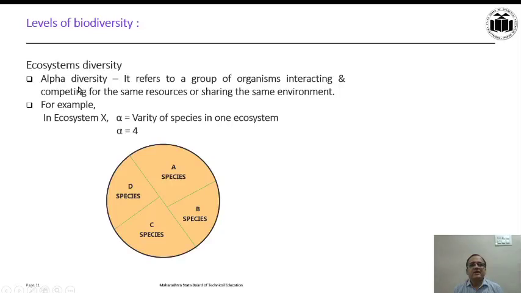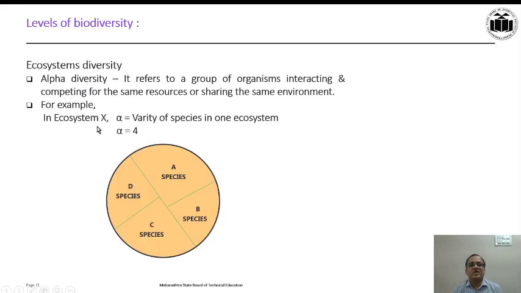Now ecosystem diversity can be again classified as alpha diversity, beta diversity, and gamma diversity. Now alpha diversity refers to a group of organisms interacting and competing for the same resources or sharing the same environment.